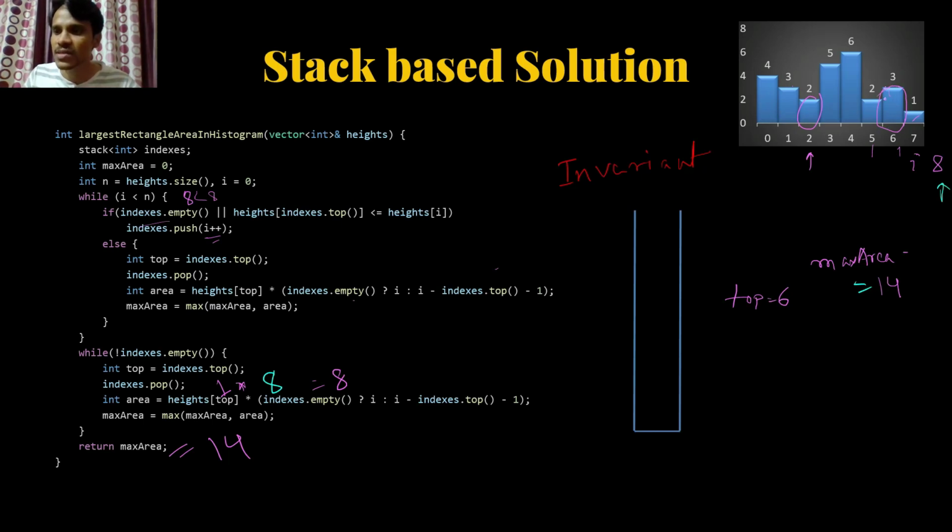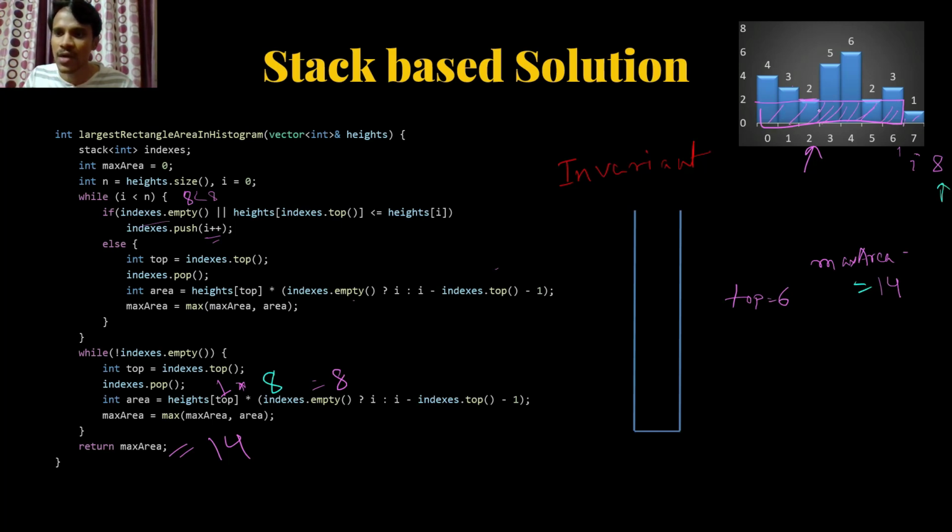After we remove this, then considering this bar as minimum, and the previous stack top was 2, right? Previous stack top was 2, so we calculated this area. Okay, again we removed this element, then considering this bar as minimum, we calculated the area, right?